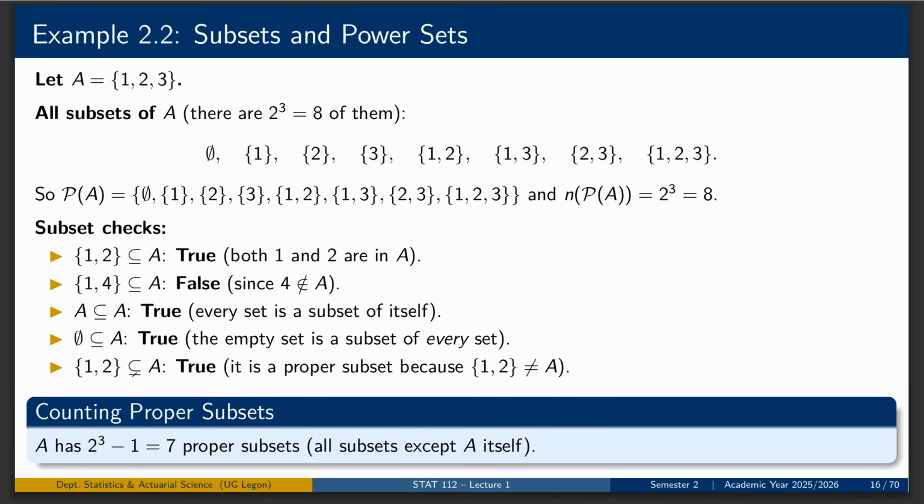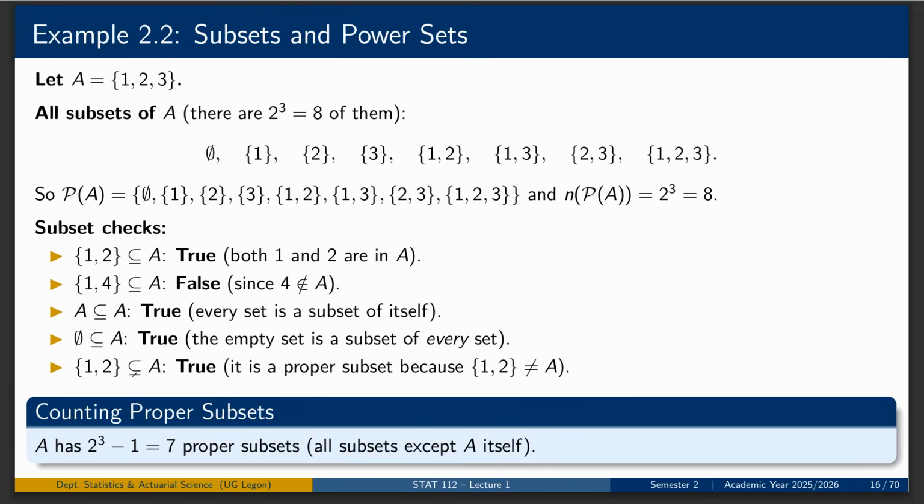You can list all of them from the empty set up to this. So we can also get a power set, 2 to the power 3, which is 8. For subset checks, {1, 2} belongs to A, {1, 4} belongs to A. It's false because we don't have any 4 in there.